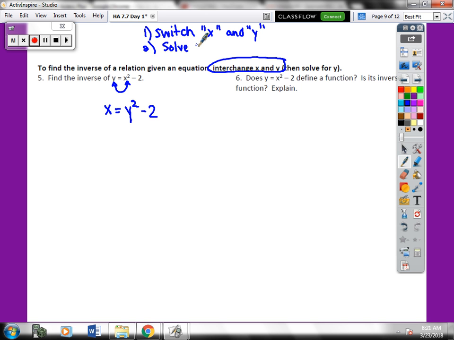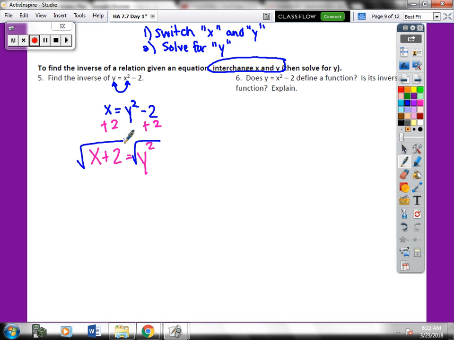Solve for y now, using inverse operations. What would I have to do first to start solving that for y? Jade? Add 2. What would I have to do next? Caleb? Take the square root.